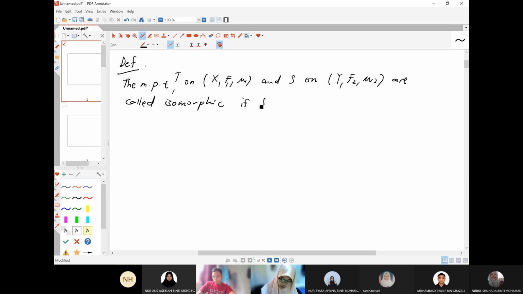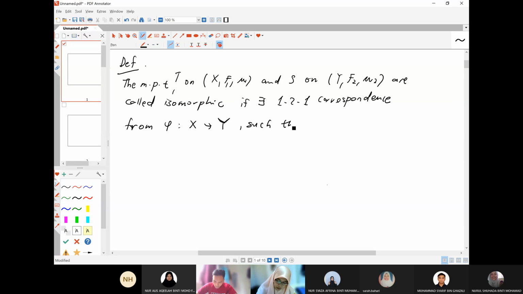if there exists a one-to-one correspondence phi from the domain X to Y, such that it satisfies these three properties.